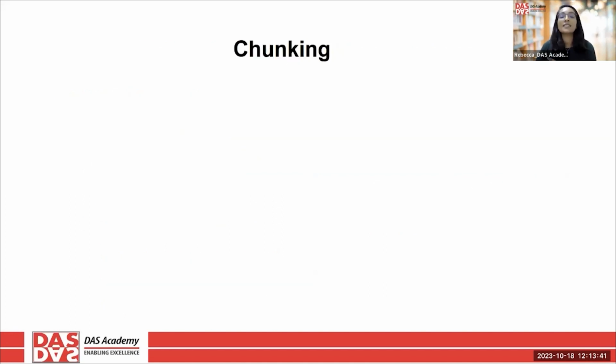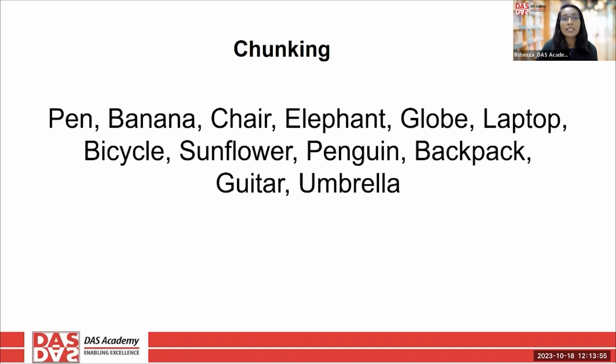Now, if you have several pieces of information presented to the learners, the chunking method helps learners to remember things better by sorting them and organizing them in a meaningful way. Let's say I have this list of words. Initially, when this list of words is thrown to you, you may find it a little difficult to remember all the words and say them in order.